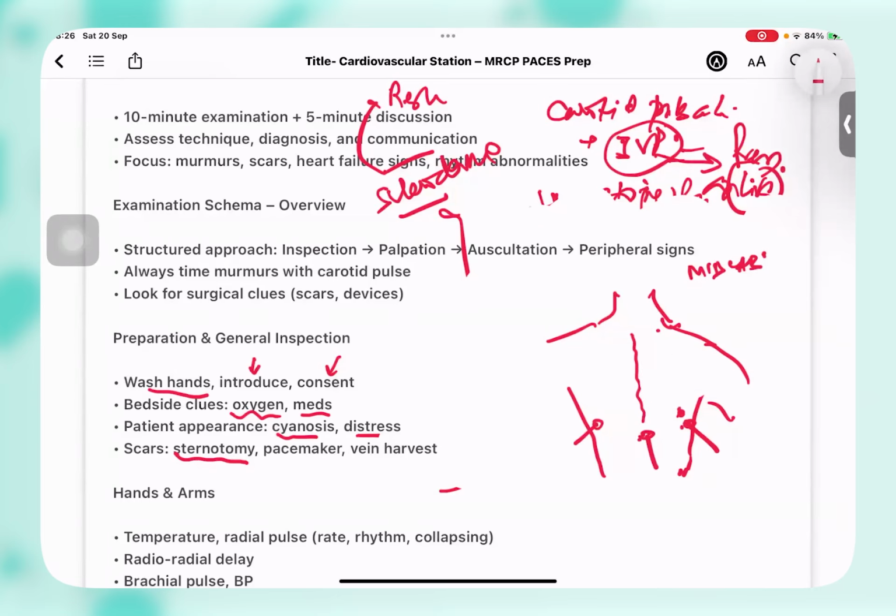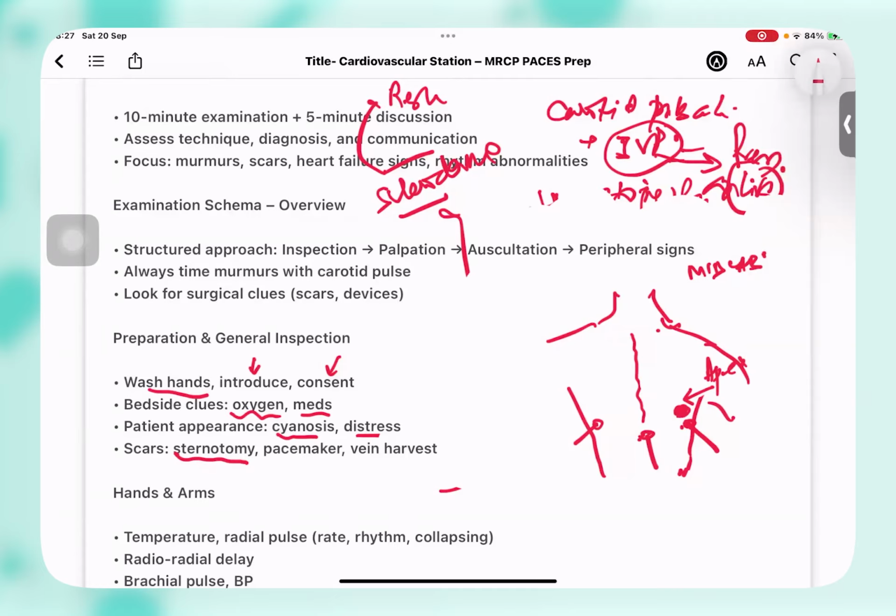So once you see the apex beat and any scars, then you need to press your hand on the apex beat. I always tell my students, never ever auscultate directly. It gives you negative marks. So wherever you see an apex beat, palpate it.